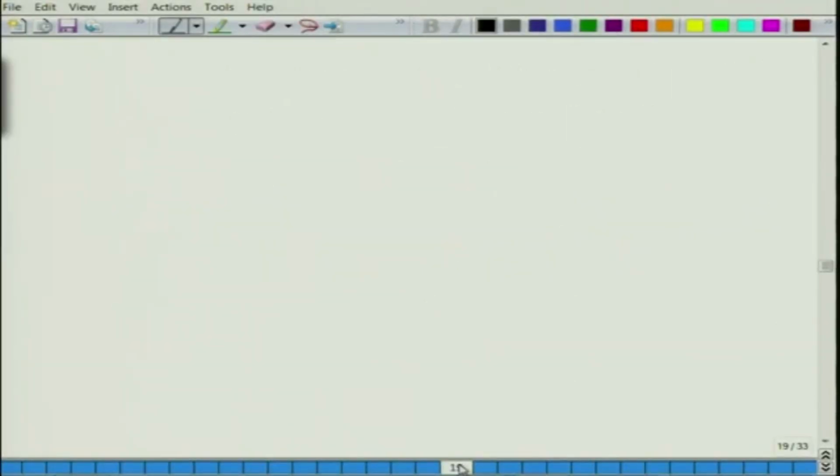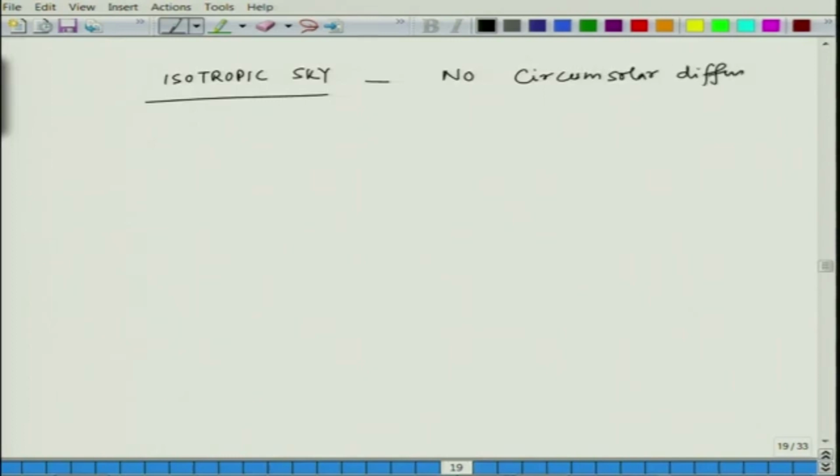Okay. So, if we take the isotropic sky only, what will we get? The isotropic sky assumption tells that there is no circumsolar diffuse radiation as well as no horizon brightening diffuse radiation.